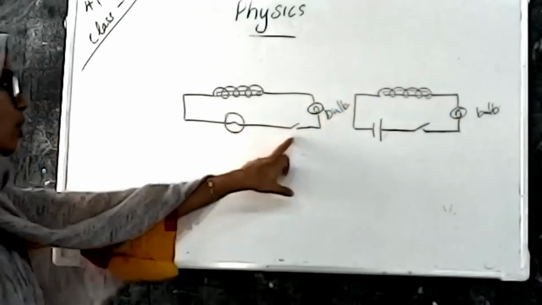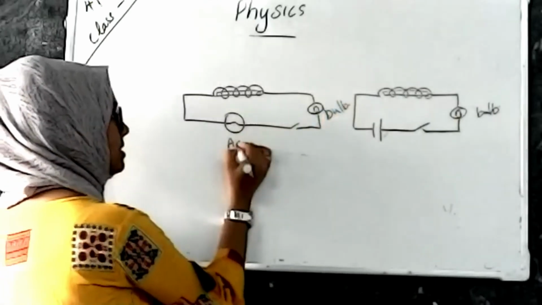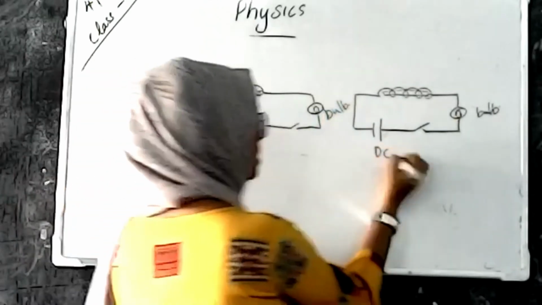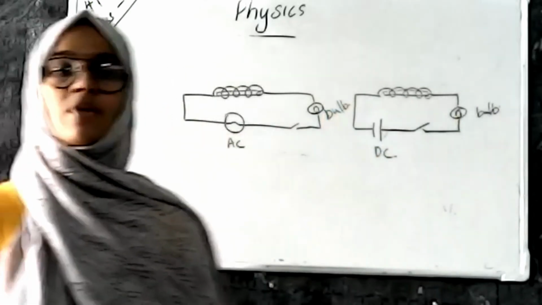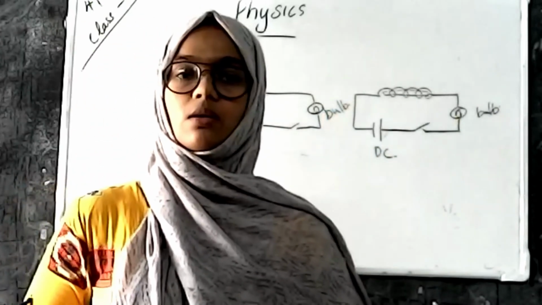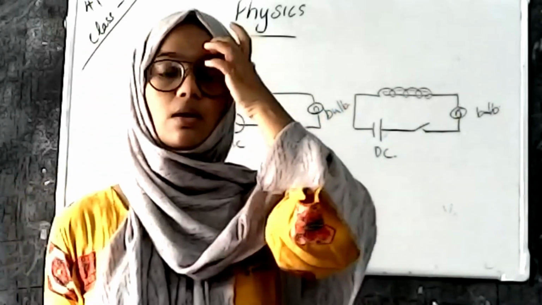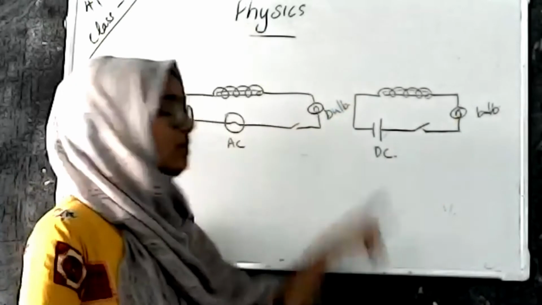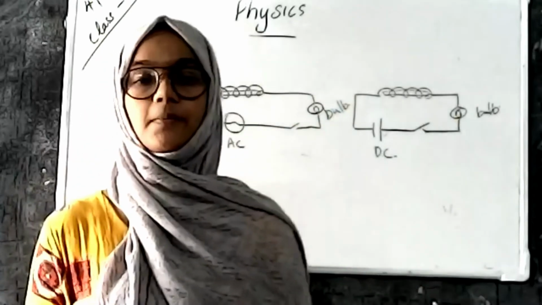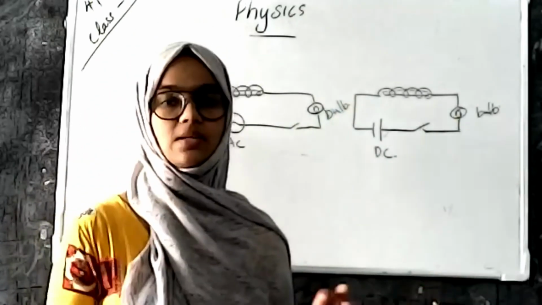And when the switch is on, here is an AC and here is a DC source. When the switch is on, the two bulbs are glowing, but with different intensity.